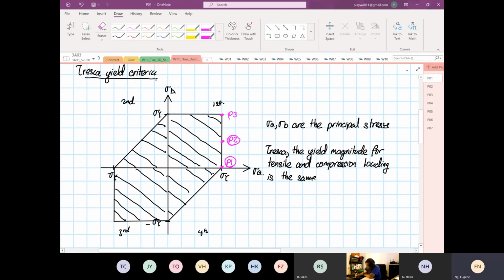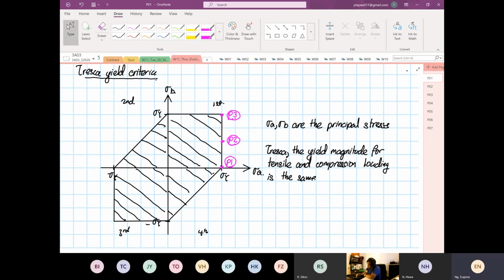At point one, stress A is at U and stress B is at 0. At point two, stress A and stress B have magnitude half, in fact. At point three, stress A and stress B are both at U.